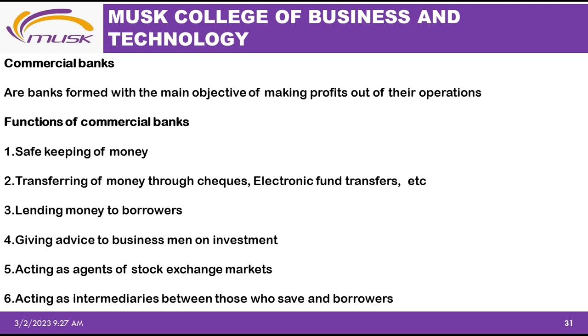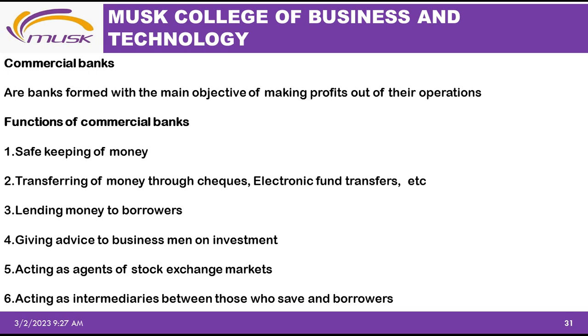The other one is transferring of money through checks and electronic funds transfers. The other one is lending money to borrowers, so people can get loans and access credit through the banks. And also the other one is giving advice to businessmen on investment.